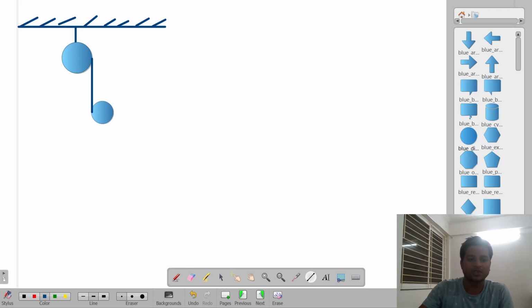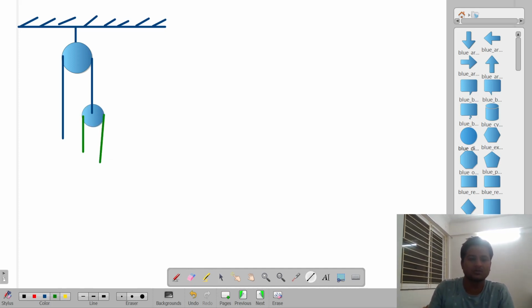Let us think of one case. There are two blocks. Once again, it should not become a constraint relation. Let it be at the center.